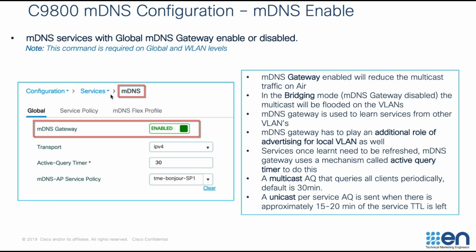Okay, so as we discussed in the previous slides, we have to enable MDNS services at the global level. Once it's enabled, we are significantly reducing the multicast traffic on the air. With that, we also have to configure the transport level. You have an option here to configure IPv4 or IPv6.